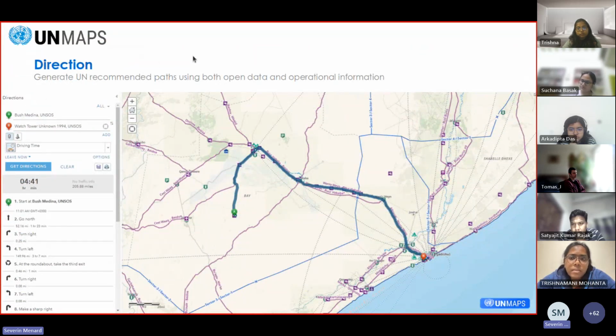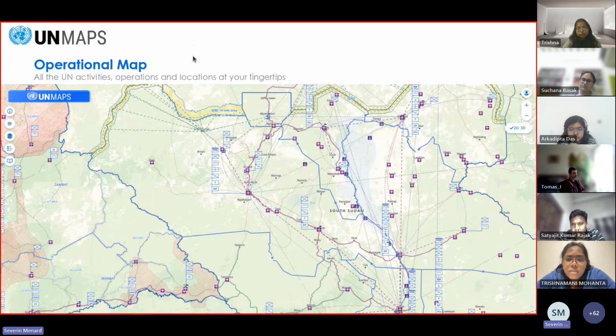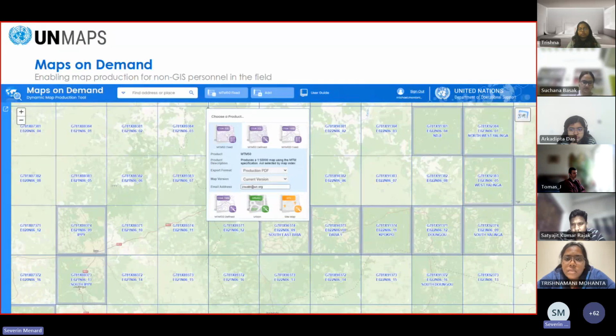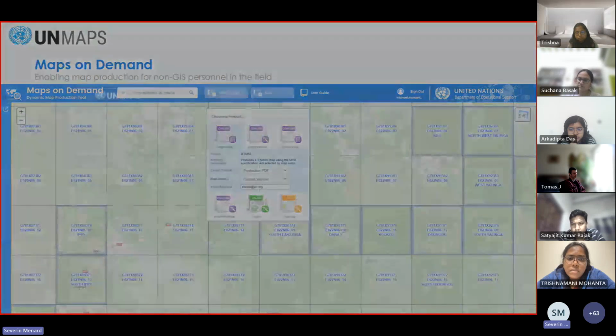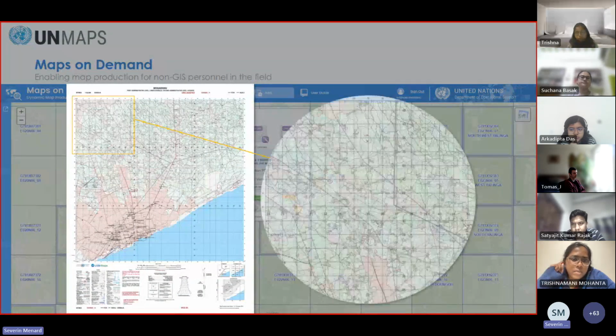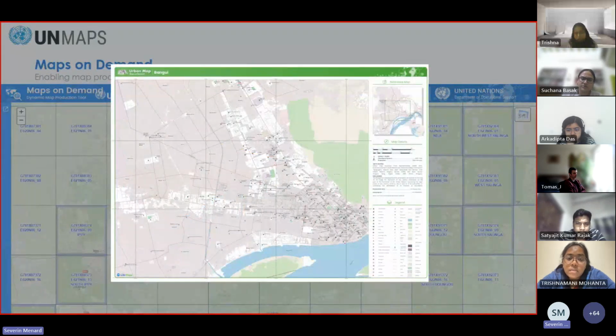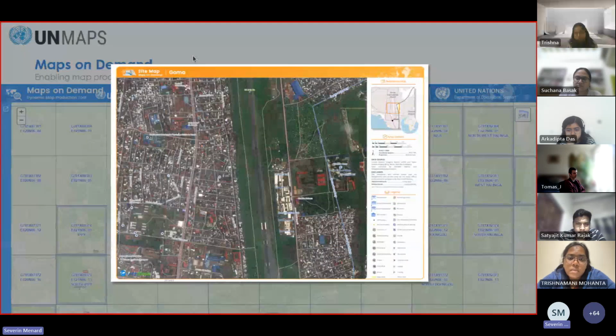Also some routing things involving authoritative data or sensitive data, operational maps, etc. Maps on demand produces topographic 50K scale maps, mostly based on OpenStreetMap. That's what the peacekeeping missions can get when they use this maps on demand tool. And different kinds of maps.